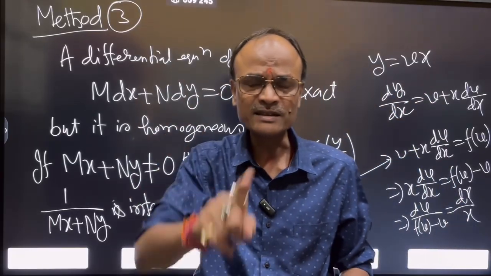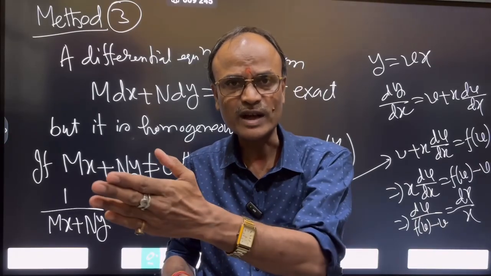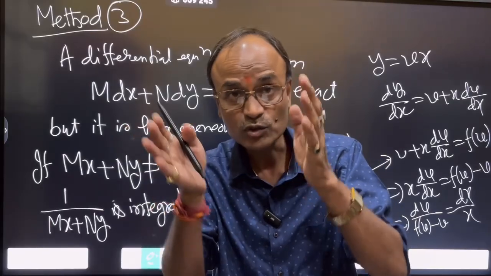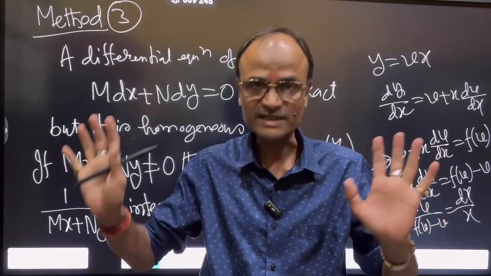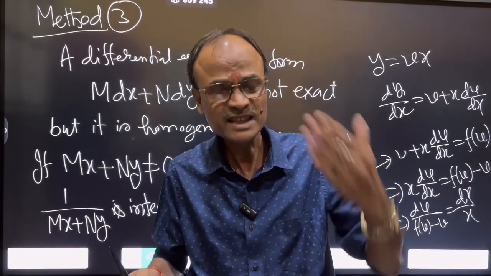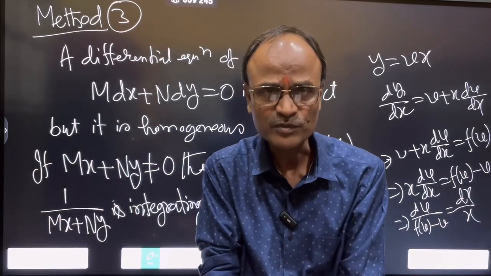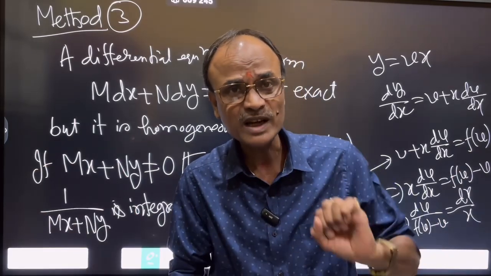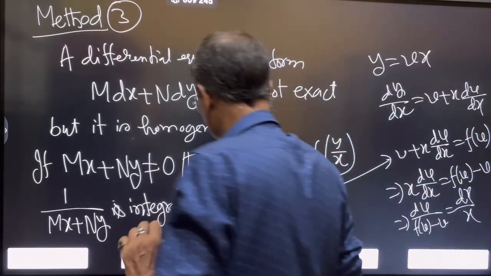Then you can find the solution by integral of M dx treating y as constant, plus integral of N dy taking only those terms in N which are free from x. This is equal to a constant. Or, since it is exact, it can be expressed in the form du equal to 0, where u is a function of x and y.